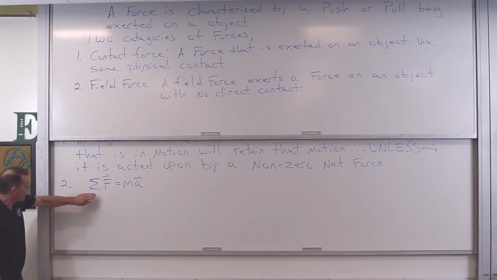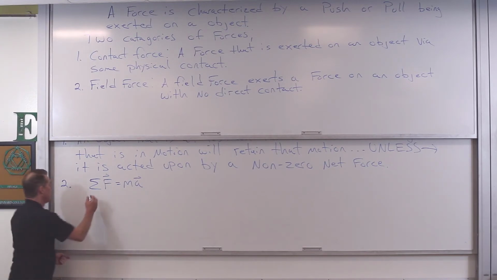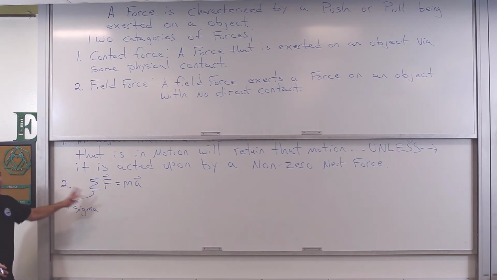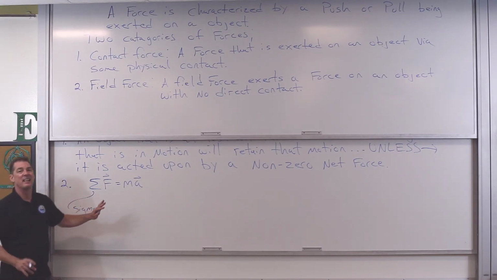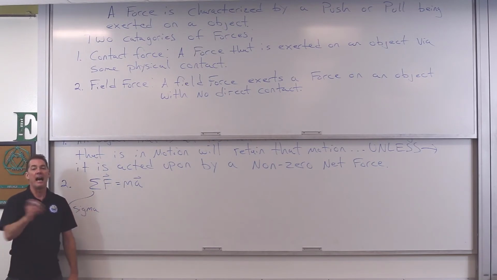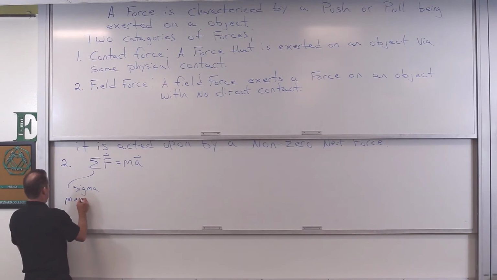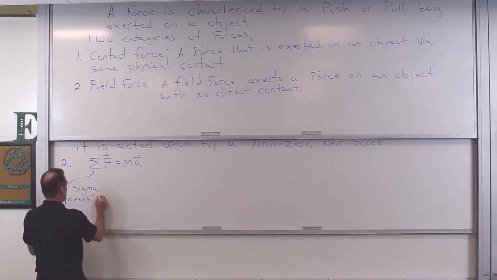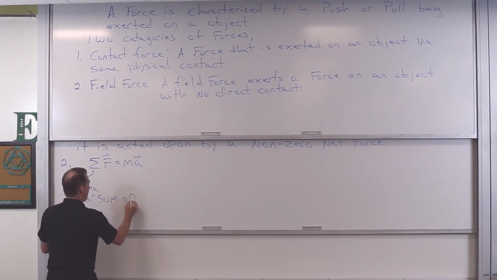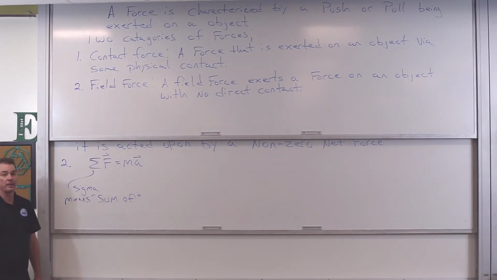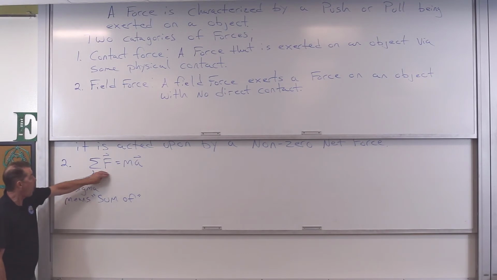Well, this is sigma, and sigma mathematically means take the sum of. Not a few of, but sum. Add them all up. This says the sum of all forces acting.